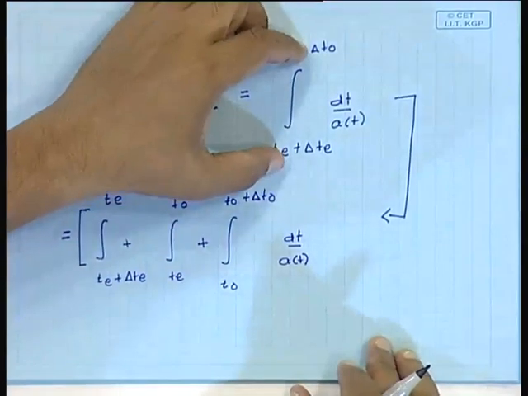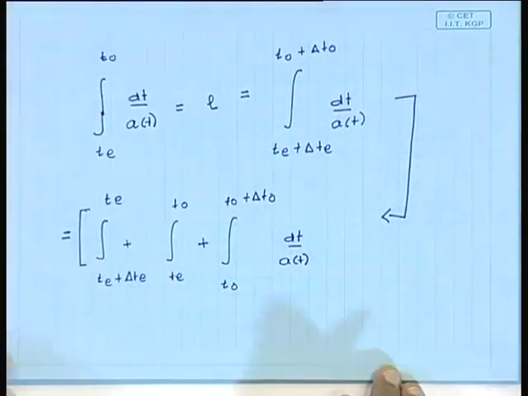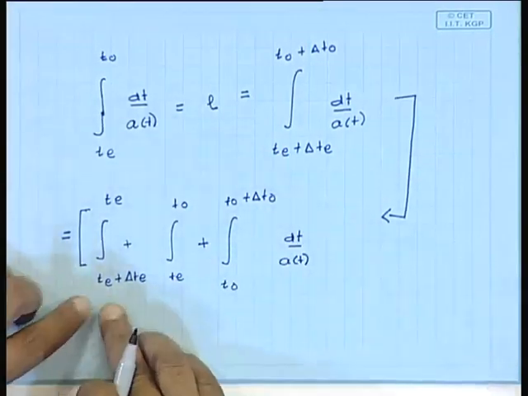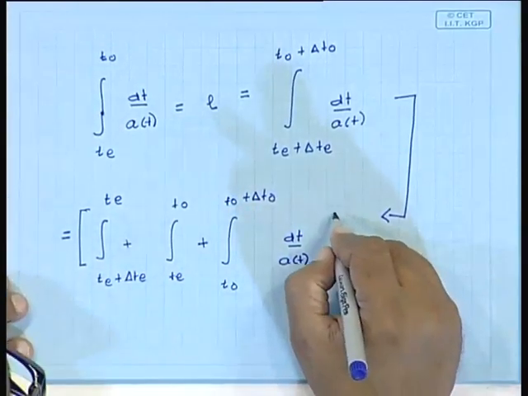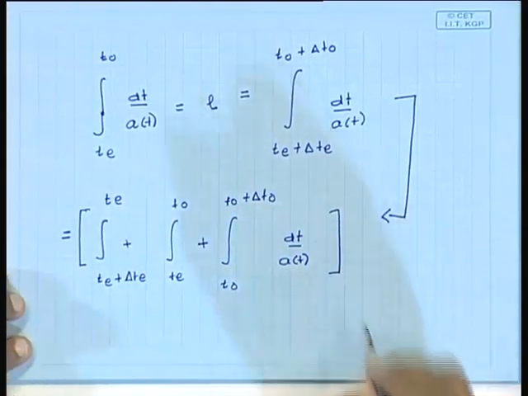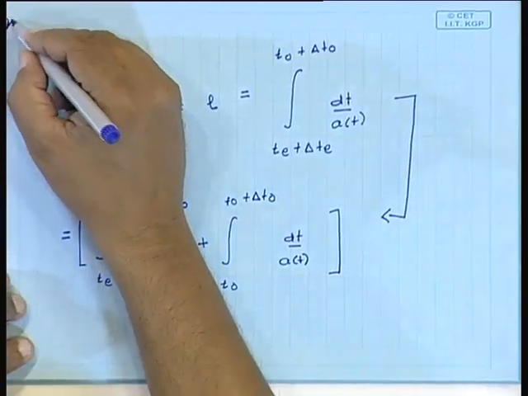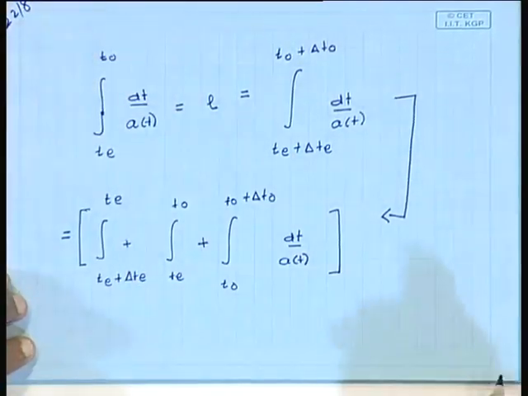Right, I have just broken up this entire time interval into 3 parts. First is from here to here, then from here to here, and then from here to here. Okay. I hope this is clear.